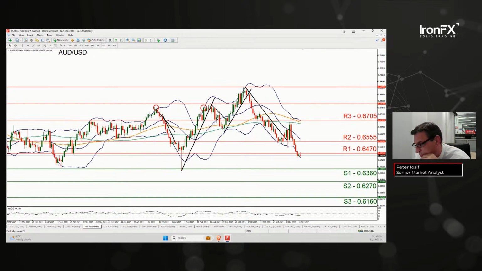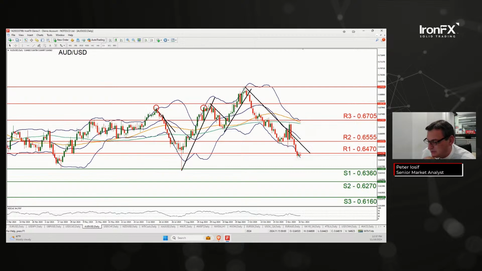Now, on a technical basis, I'm skipping this break here, and I'm maintaining a clear downward trend line, which could lead the pair even lower.